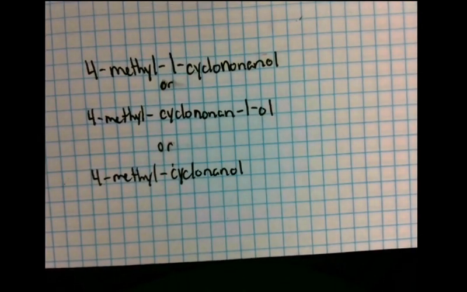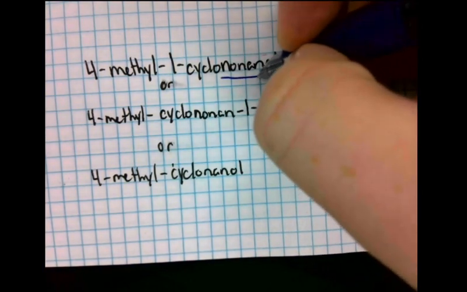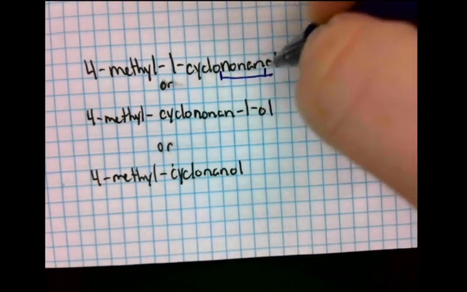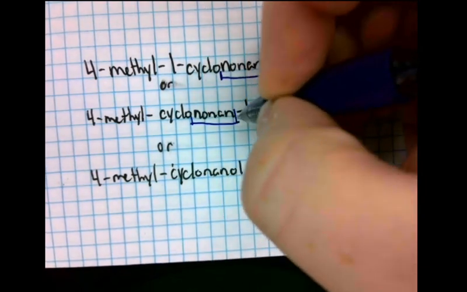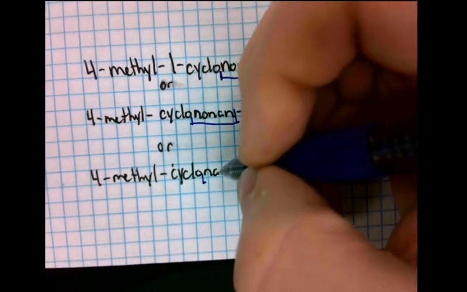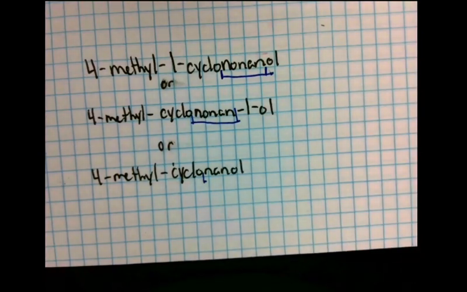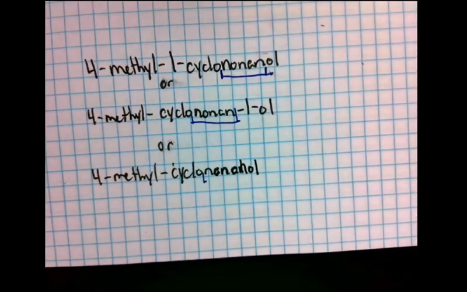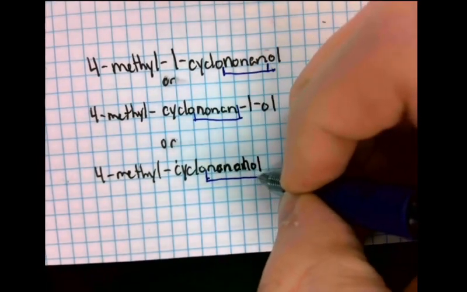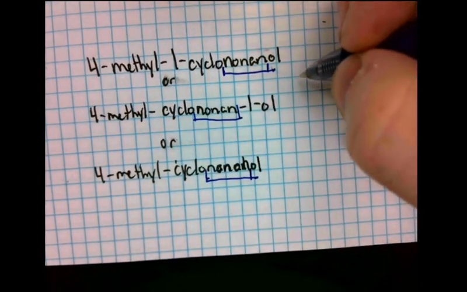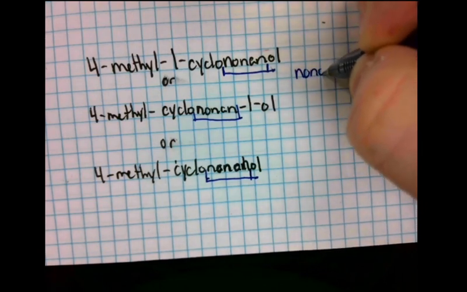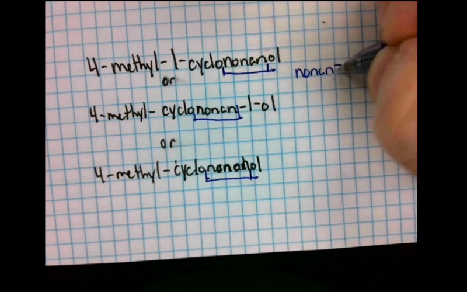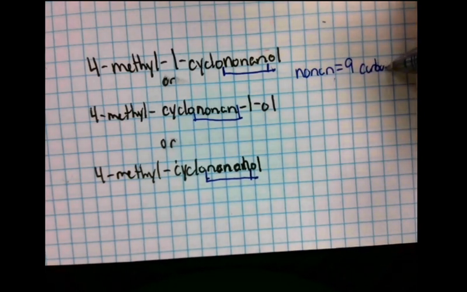So let's analyze our root pieces. Let's look at our words that we've got. So we've got nonan on all of these. Although I apparently misspelled the bottom one. Non-an-all. So nonan, 9 carbons, all single bonded.